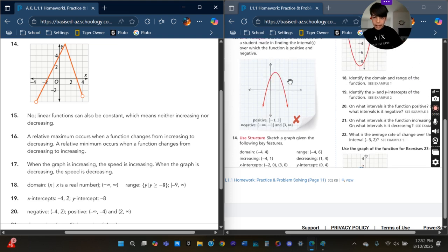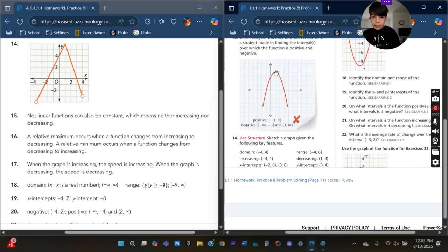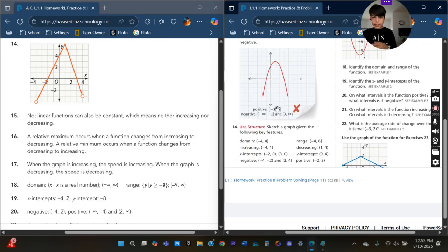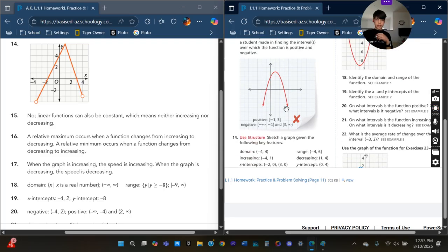For this graph, let's say this point up here would be the relative maximum, and these lowest points would be the relative minimum, because that's when it starts increasing, and relative maximum is when it starts decreasing. Another example would be from here.